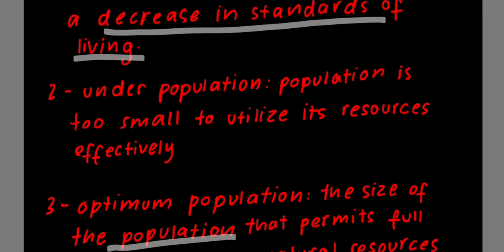I'll put it in an easier way. So there's 500 students in a country, right? And there's about 3,000 schools. So the schools that are not being used are going to have to be shut down. They're going to have to be demolished or used for something else. So it's a waste of resources. So that's what underpopulation is.